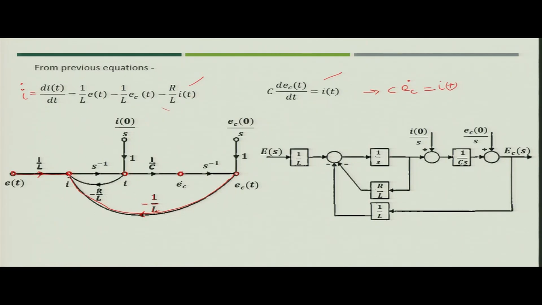So, you connect I with I dot with the gain equal to minus R by L. So, now you have the equation connected to this particular node.